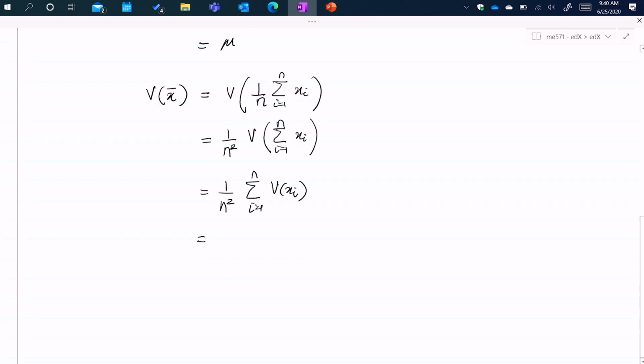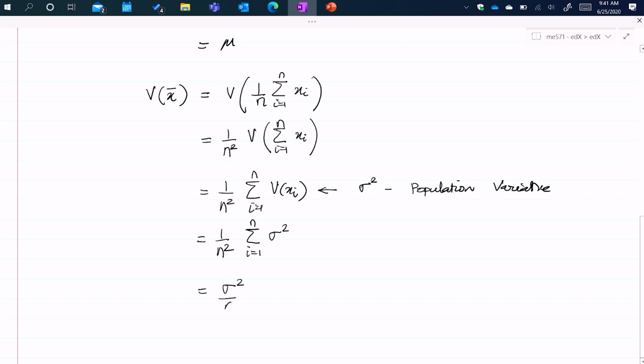And this in turn, now what we're going to say is that the variance of each xi is equal to sigma squared, which is the population variance. And therefore, this is equal to sigma squared over n, the expression that we seek.